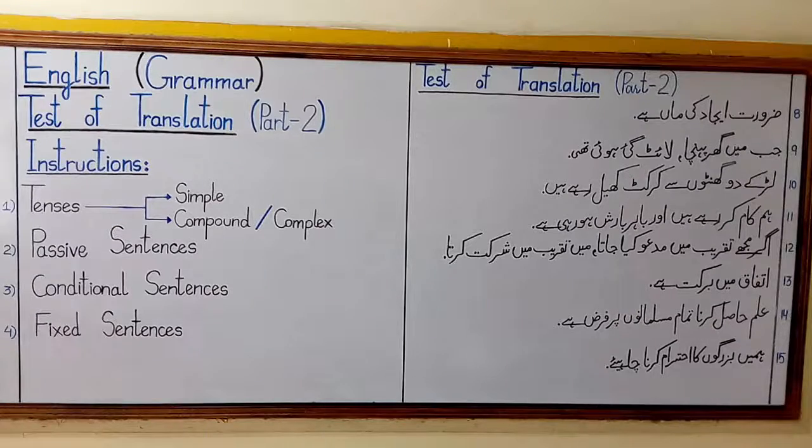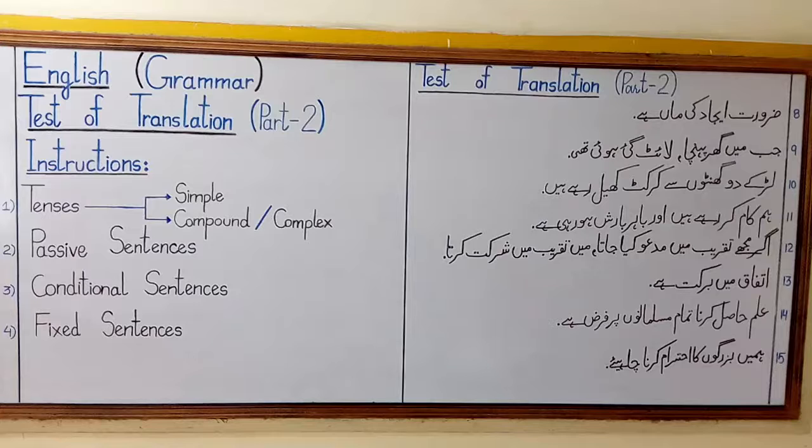So my brothers, that's the end of test of translation part 2. You have to do this test also in your fair register, as the other tests of narration, voice and translation part 1. You will do this test as other tests you did in the grammar section, and I am going to give you the answers to all these 4 tests after Eve.